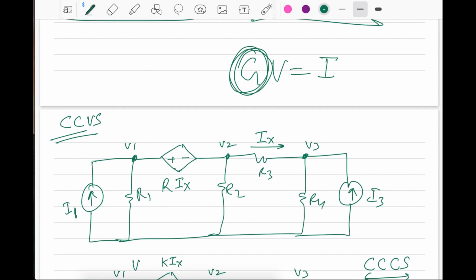The only way, I guess, you can check it is that the diagonal elements will contain the sum of the elements connected to that node. And the off diagonal elements will have the common element in between the respective nodes. Only that way you can check.